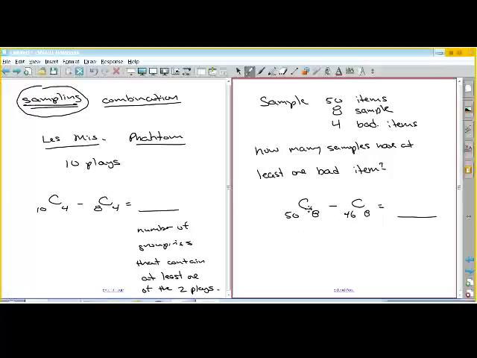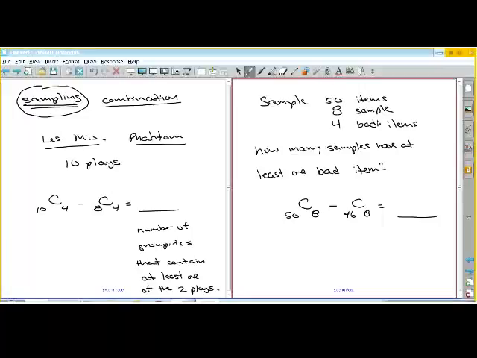Now, since I picked a large sample size, these numbers would be fairly big to calculate, but the basic idea is the same thing. If you're dealing with a sample, you have the number of things you're going to sample from, the total number of boxes. You're going to randomly pick 8 of those boxes.